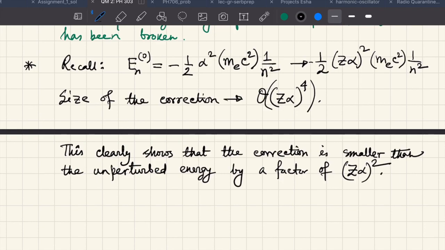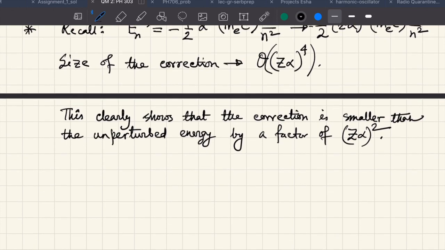Now, although as I have mentioned in the previous class that we are actually using this z alpha square, this dimensionless quantity or ratio, as our perturbation expansion parameter, although we may not have realized it, this z alpha square was basically the dimensionless ratio which we are relying on to be small so that we can use perturbation theory, or for higher states higher than n equal to 1, it is z alpha by n square. Now you can get a hint from this.